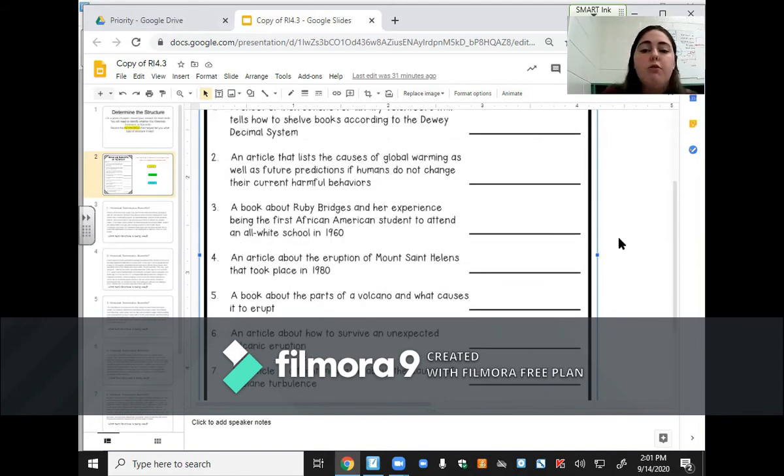It says a book about Ruby Bridges and her experience being the first African-American student to attend an all-white school in 1960. Is that telling us how to do something? No, it's not, right? It's not giving us instructions. Is Ruby Bridges a scientific concept? Is it talking about anything scientific?